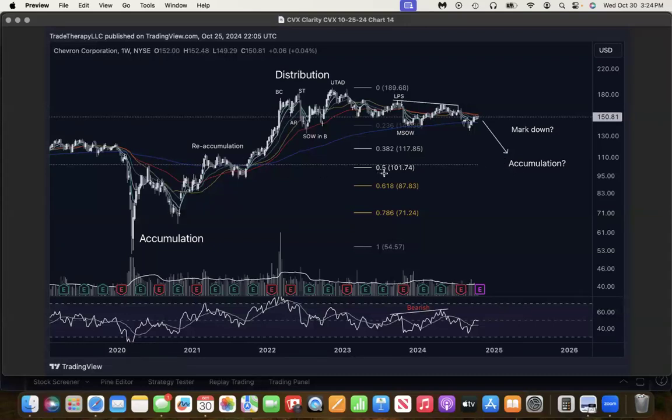So this 0.5 fib level at 101.74 also happens to coincide with this dotted line over here, which is the point of control. That is where the institutions are holding their position. That's where the most transactions have occurred at that price. So it's not surprising to see our target for accumulation come back down to the point of control.